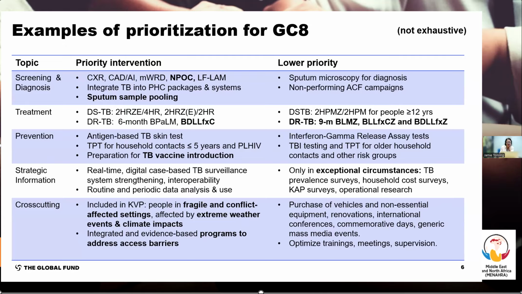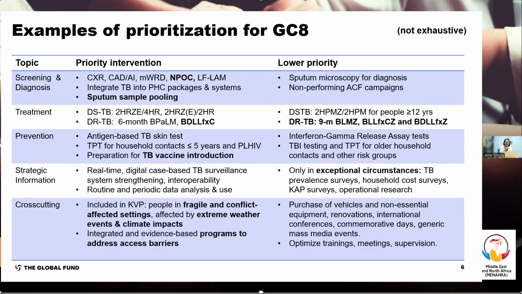On the other hand, we're saying that sputum microscopy should no longer be used for diagnosis. It is true that globally, the coverage of molecular tests is still only around 50%. So some countries are still using sputum microscopy. Unlikely Global Fund will pay for sputum microscopy. We think the only role for sputum microscopy is for treatment monitoring rather than diagnosis.